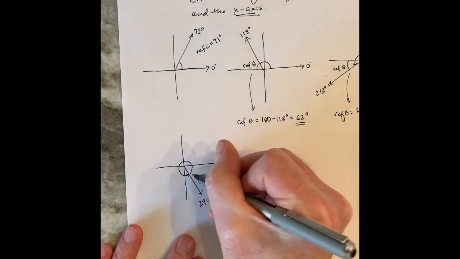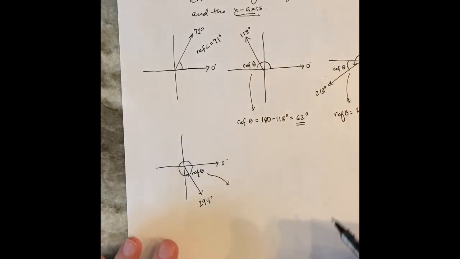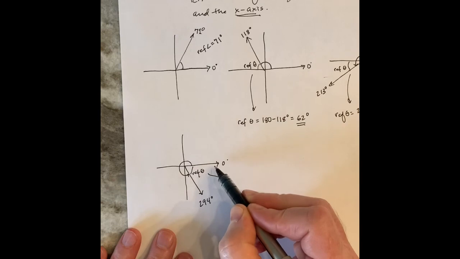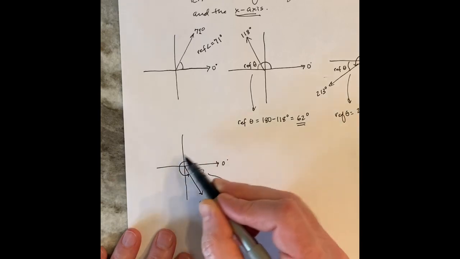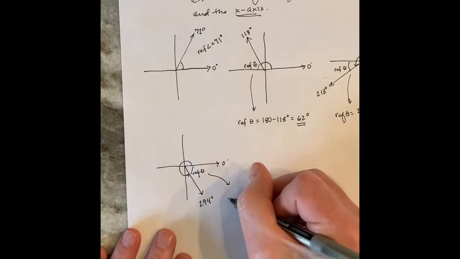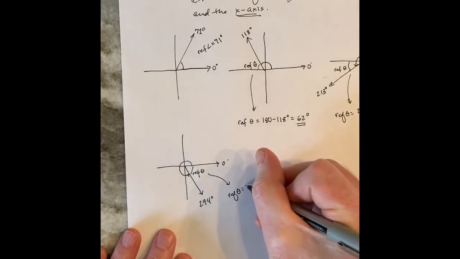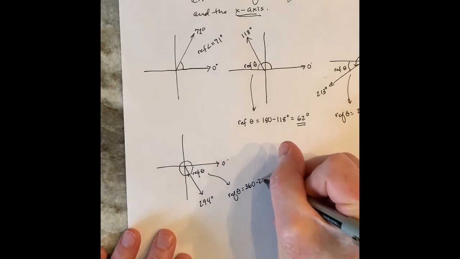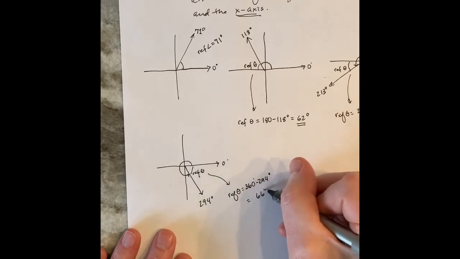So that right there is my reference angle. How do I find it? Well, if the entire way around is 360 and this is 294, it seems like I could take that 360 and subtract off the rest of that to get what's left right here. So again, to find the reference angle in the fourth quadrant, I would just take 360, subtract off that 294, all right, and that's going to leave me with 66 degrees.